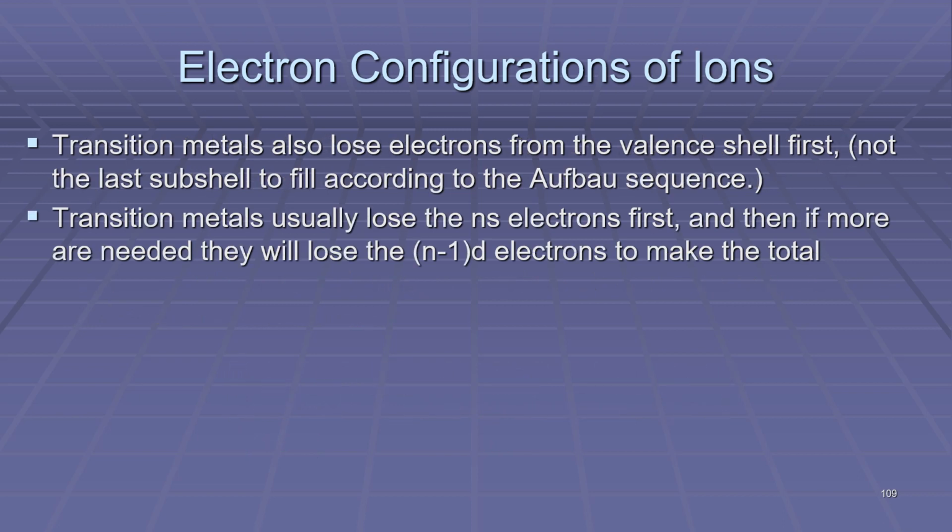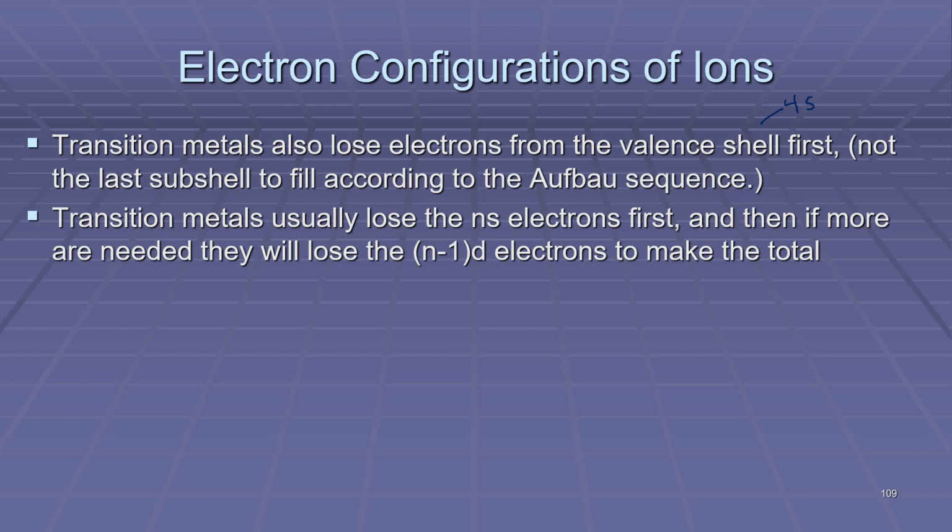Transition metals, however, obviously lose electrons because they become positive, but they actually lose the electrons from the highest energy level first. So for example, a 3d element will lose the 4s electrons first, not necessarily the last electrons that were put in.